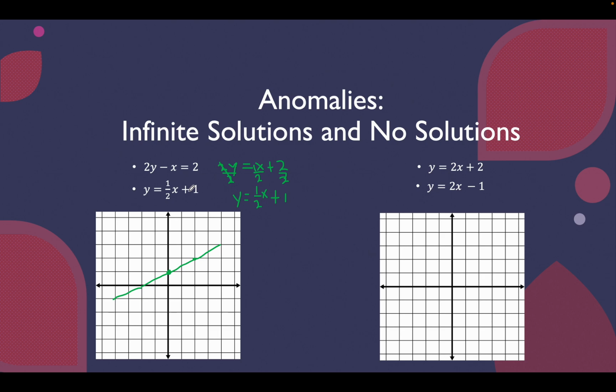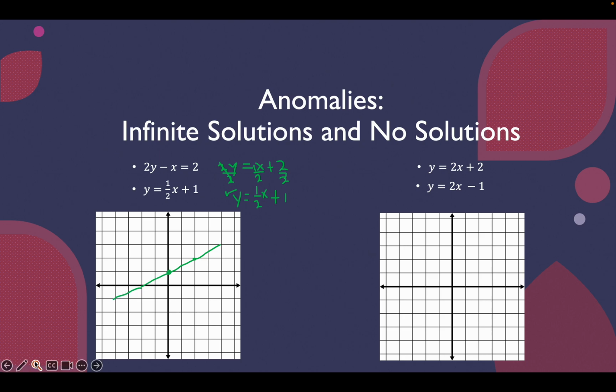All right, now we've graphed this one. Oh, look at the second one. It's like the same thing. I could graph it at 1, and I would go 1 over 2. It is the same exact line.